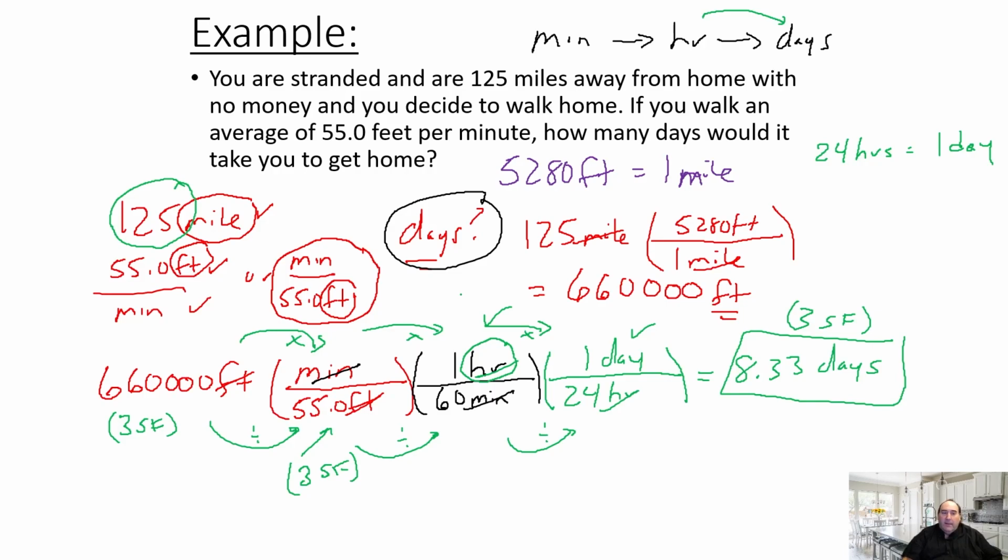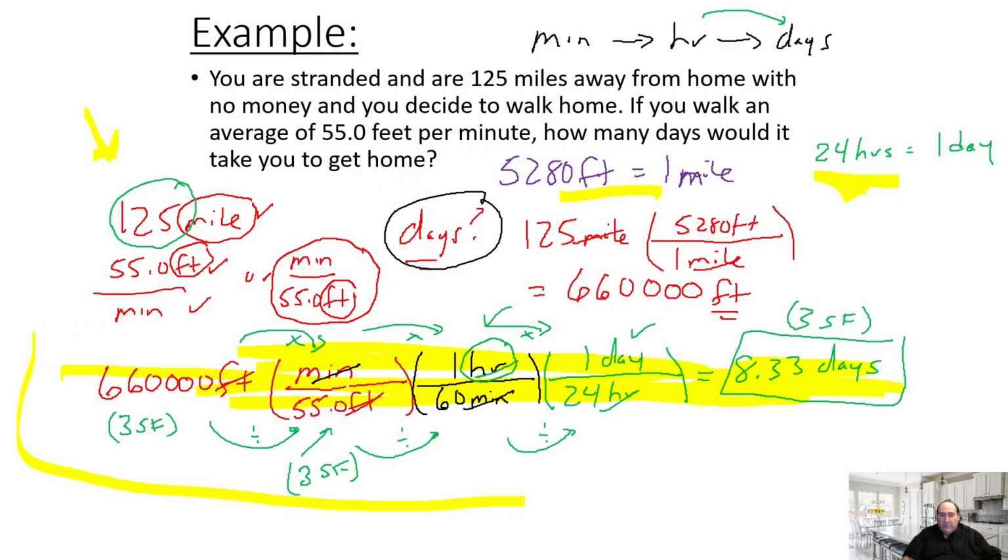Not a lot of stuff scribbled on this page, but really this setup, where we can clearly see the conversion factors used, the units, and the answer with the right number of significant figures. If it helps you to write what was given and figure out the conversions and equalities, you could do that. You don't necessarily have to show it, but you definitely have to show this bottom part and all the work associated with it.